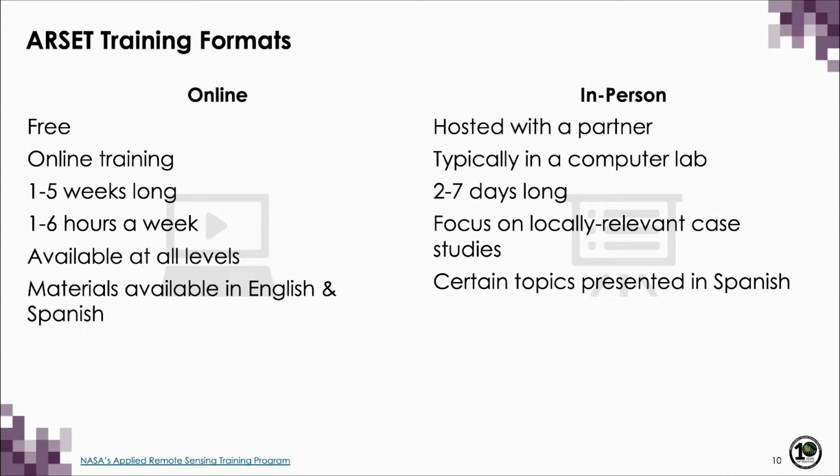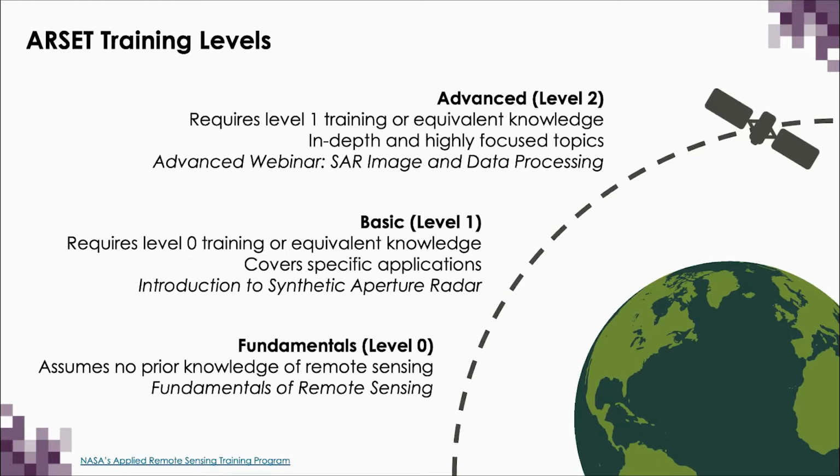In-person trainings, depending on the theme, last from 2 to 7 days, and it's typically held in a computer lab, and it focuses on locally relevant case studies. There are fundamentals of remote sensing trainings available online. Also, there are introductory and advanced level trainings given by ARSET, depending on different themes and how the requirement is defined by end users.